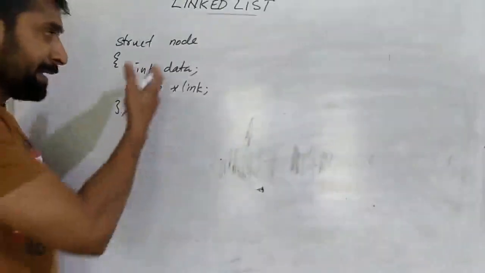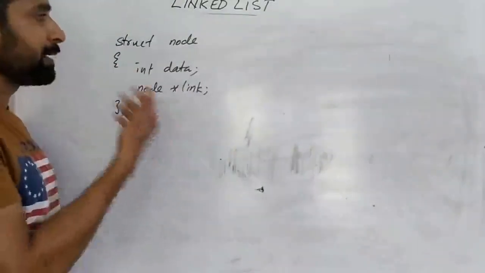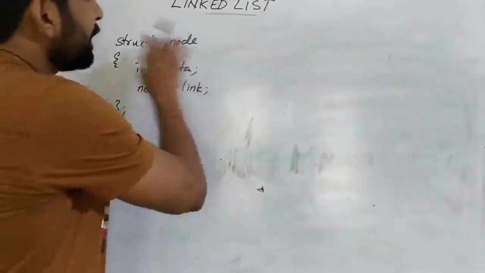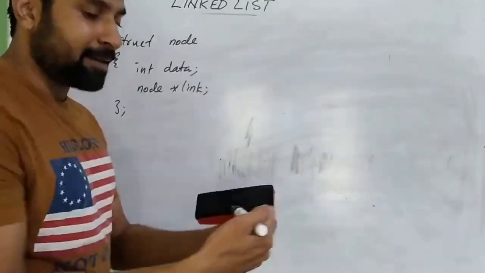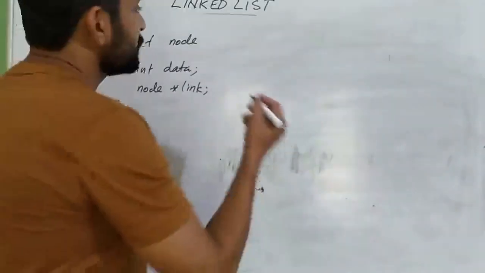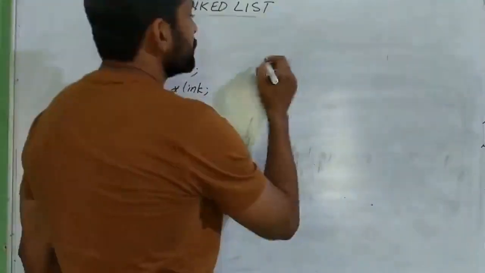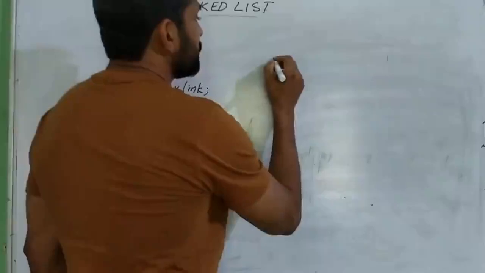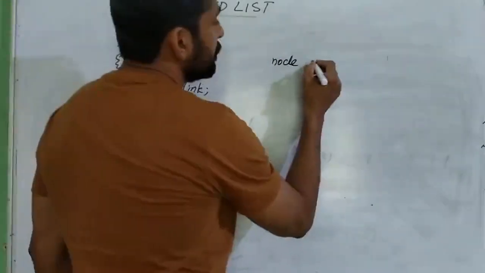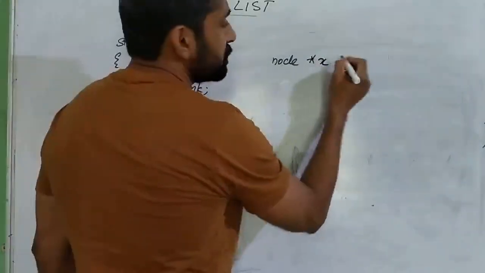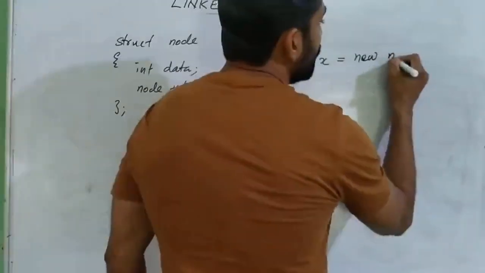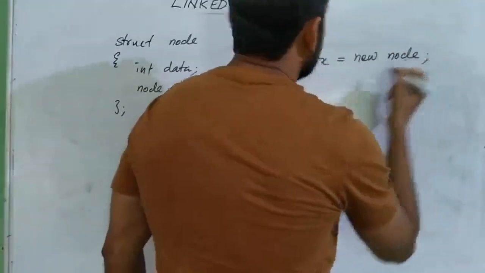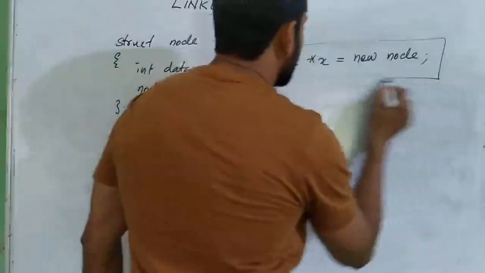We are going to allocate memory in dynamic fashion. So create the node which is to be added with the linked list. So what we do, say node *x = new node. So this will be the statement to create a node.